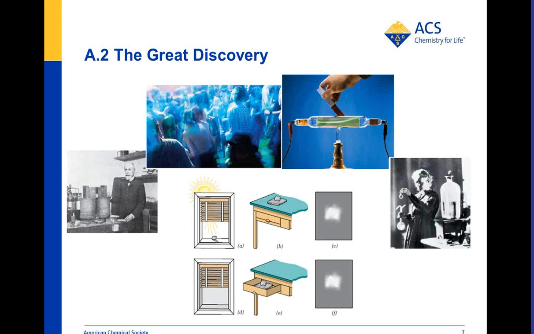And this was the beginning of the cathode ray tubes that are in all of our televisions and computers now. And then we go and take a look down at the bottom. You will see Becquerel's experiments with uranium and photographic plates, and Marie Curie. Okay, we could go on to the next one.